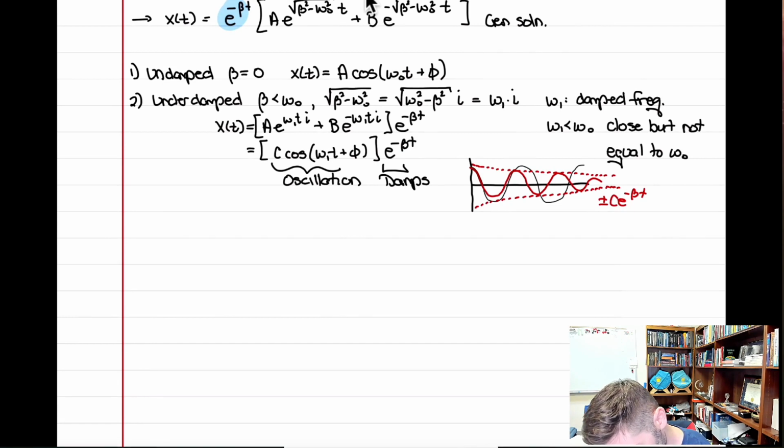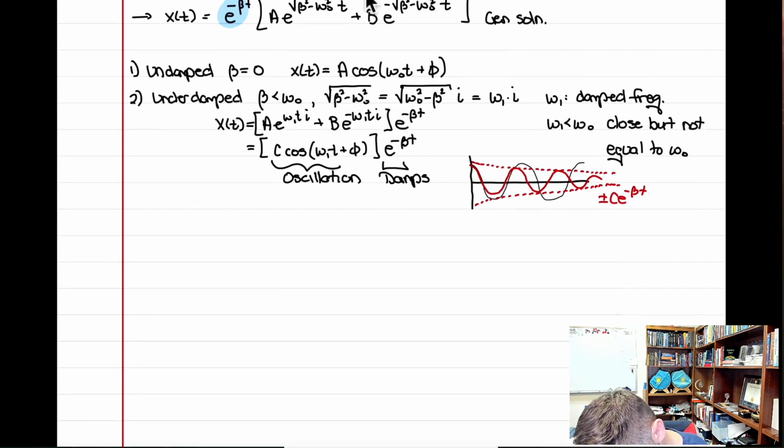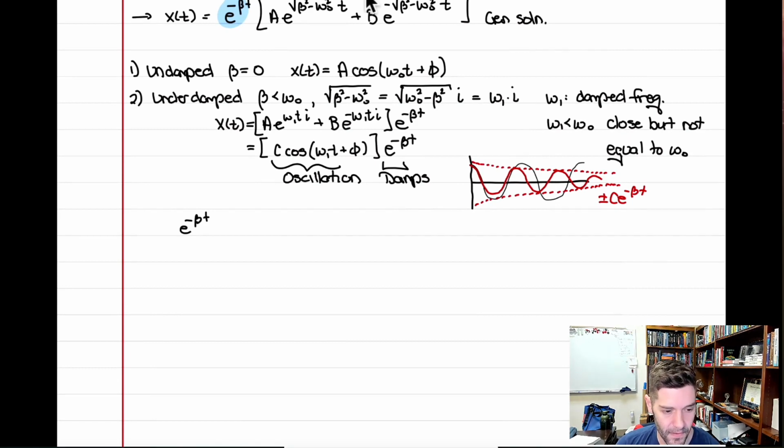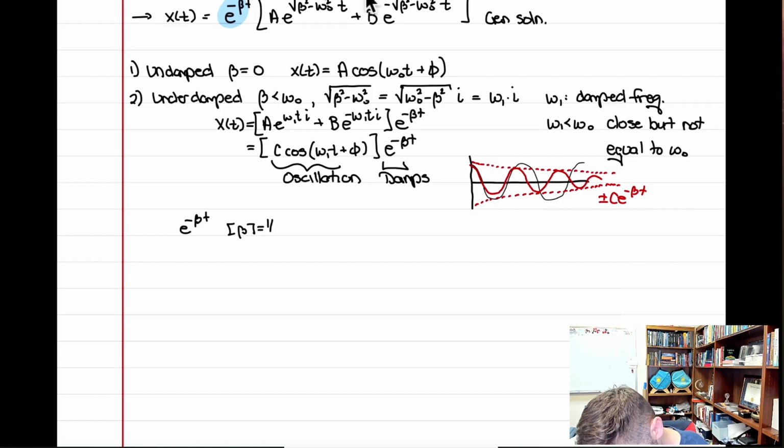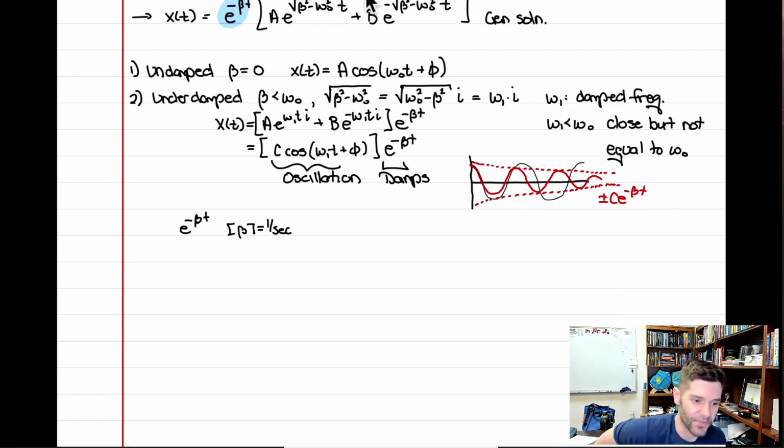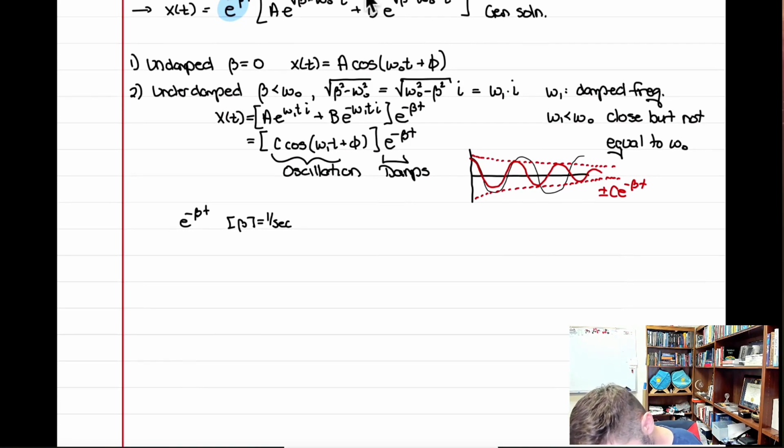The interpretation here is that notice the overall dampening comes as e to the negative beta t. And again, this makes sense because beta, we said, had units of 1/seconds. So the thing in the exponential is ultimately unitless, as it must be. So 1/beta has units of time.